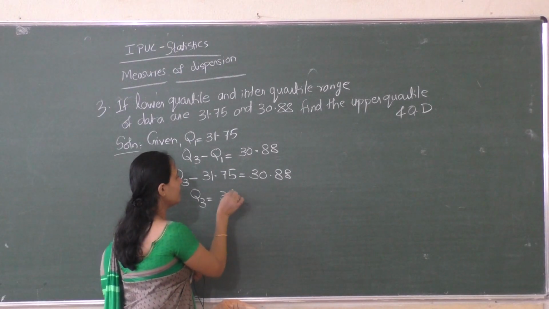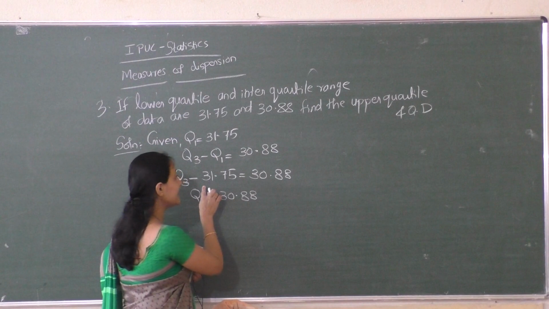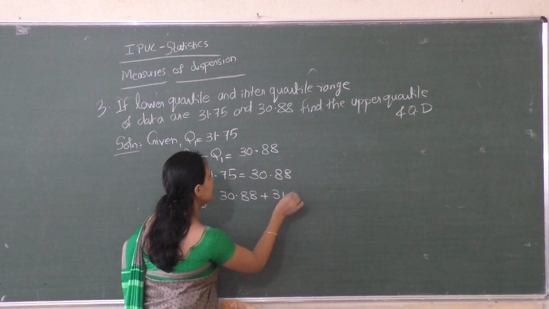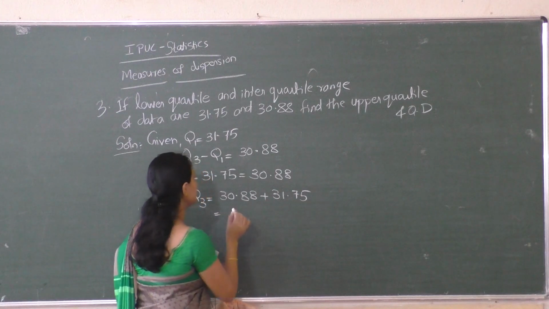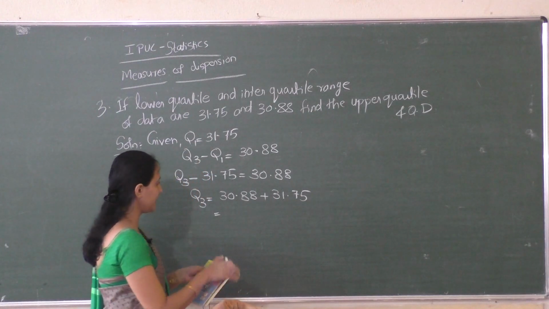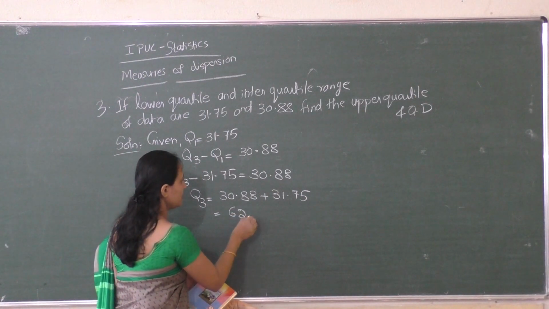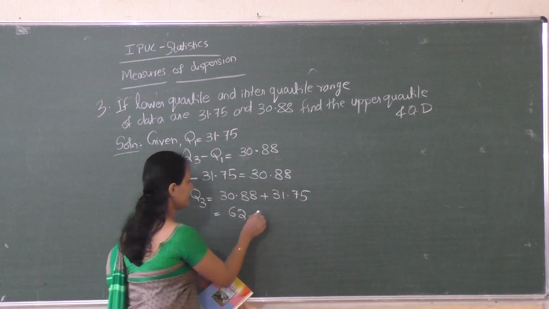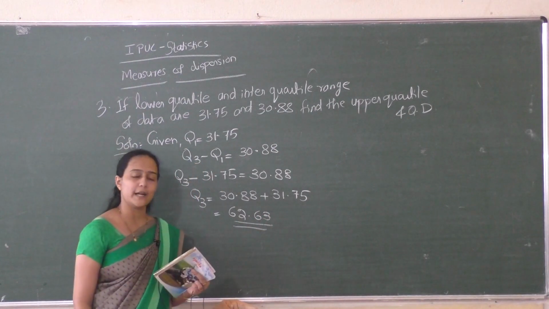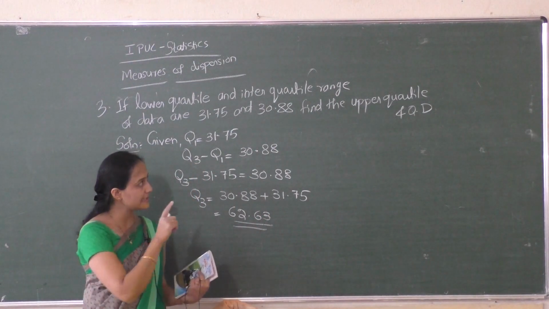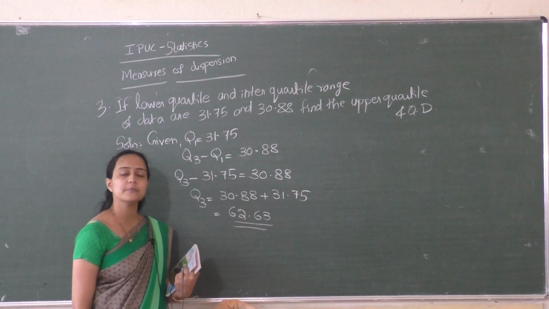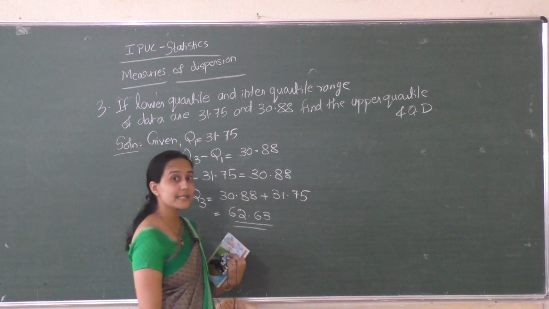So 30.88 plus 31.75, when it comes to the right this becomes plus. Answer is 62.63. Next they asked, we found which one? The upper quartile, one part over. The upper quartile is 62.63, isn't it?